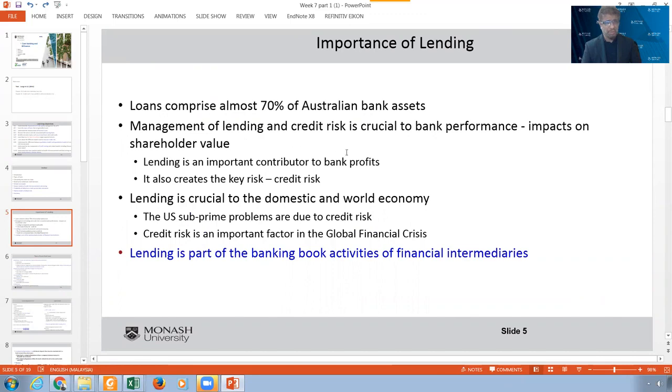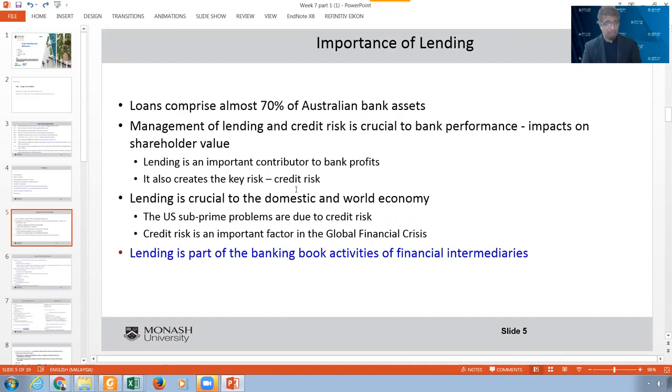Managing the loans and credit risk is very important to the bank because that will keep the bank surviving. All the financial crises we have seen involved credit risk. Lending is an important contributor to bank profits. It also creates a key risk, which we call credit risk.